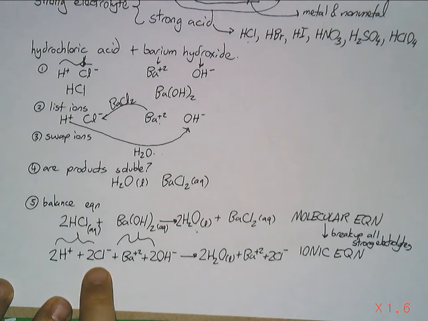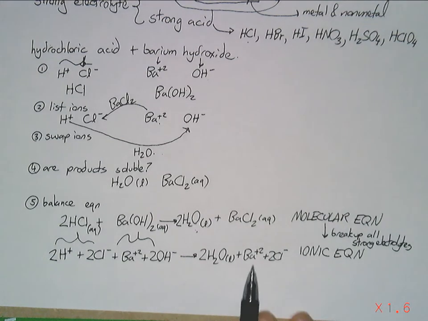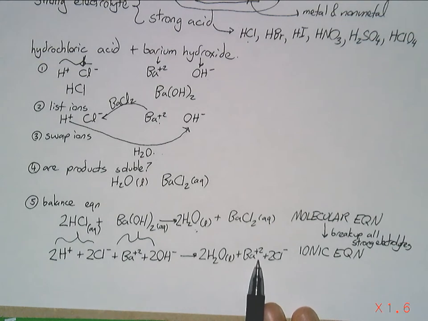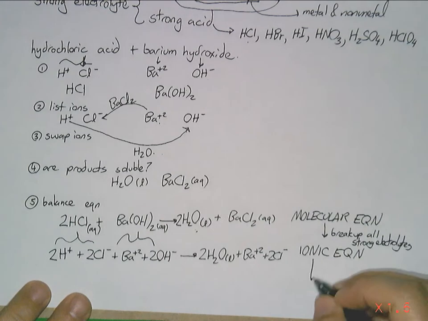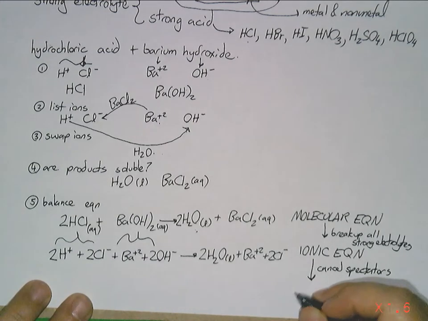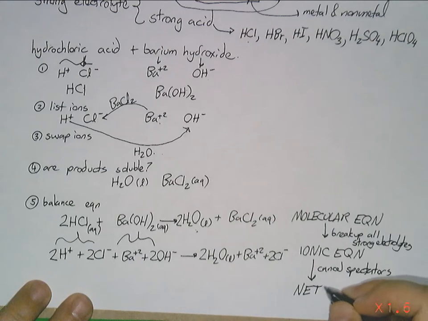Look at things that are the same on both sides, like that barium ion, and like those chloride ions. They are still there after the reaction. And that means that they're not really participating in the reaction. It doesn't change them. They're the same before the reaction as they are after the reaction. If you cancel ions that appear on both sides of the equation, you get what's called a net ionic equation.